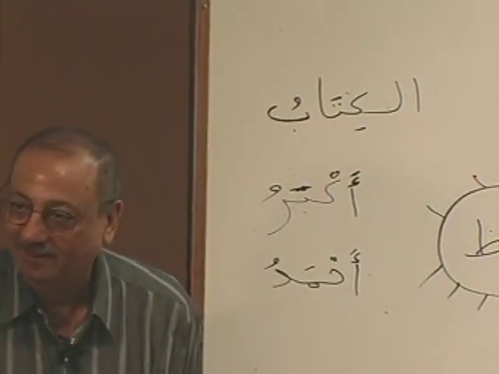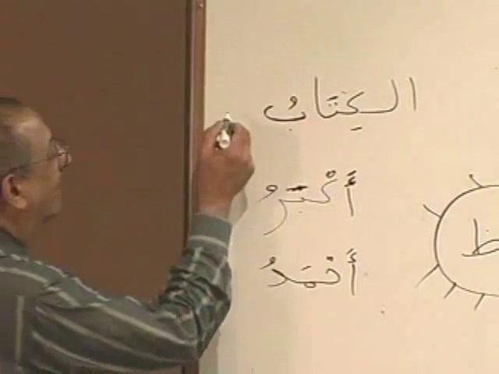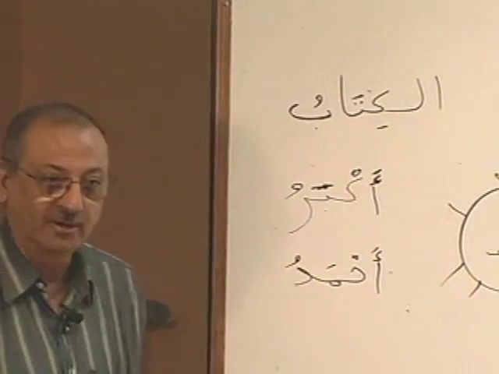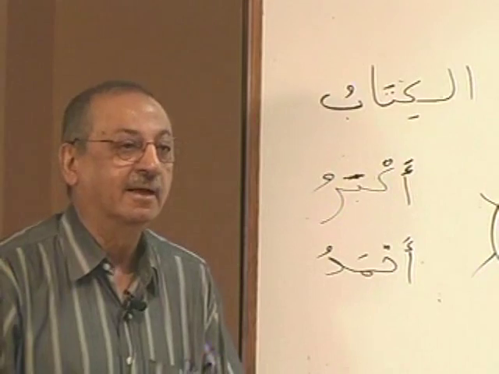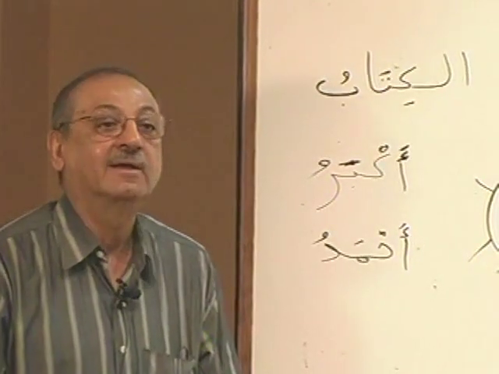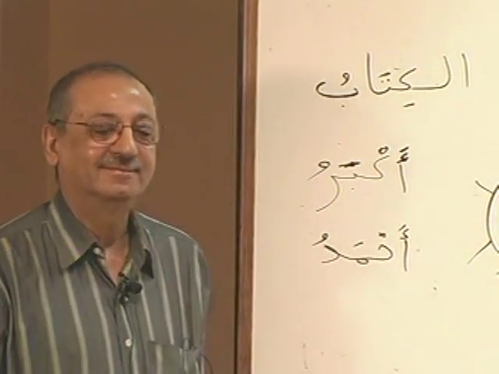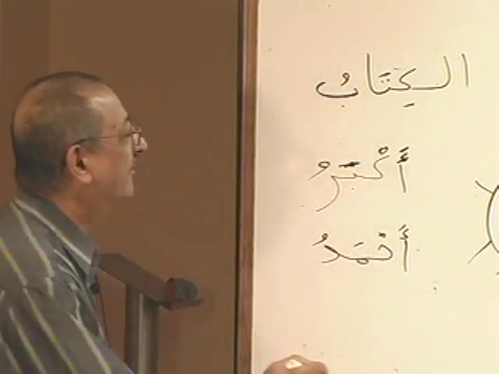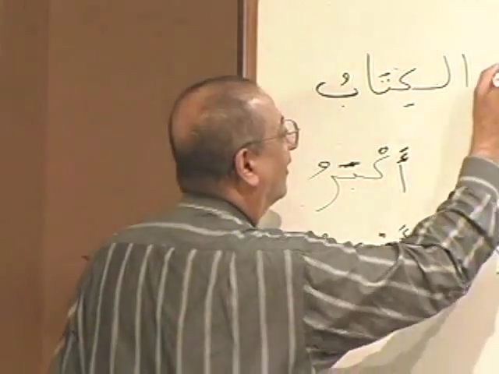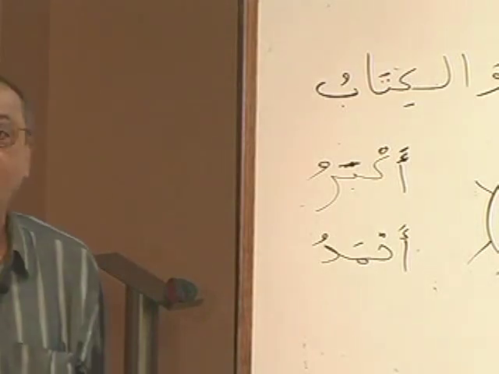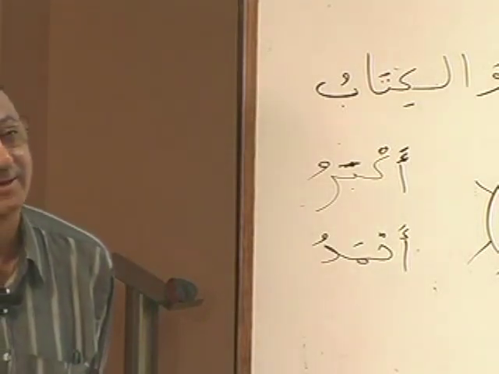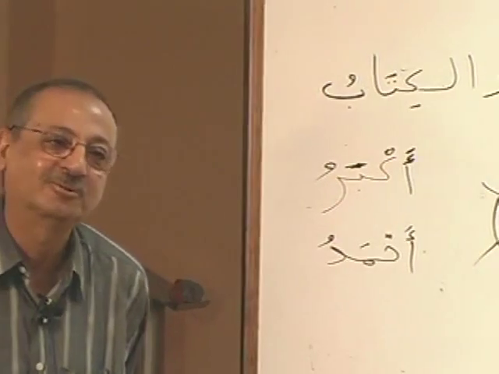Are you with me, brother? If I say Al-Kitabu and then write down Jadidun, the sentence begins with Al-Kitabu. But suppose I were to add a waw here, now what will become? Why did you not pronounce the Hamza, brother?